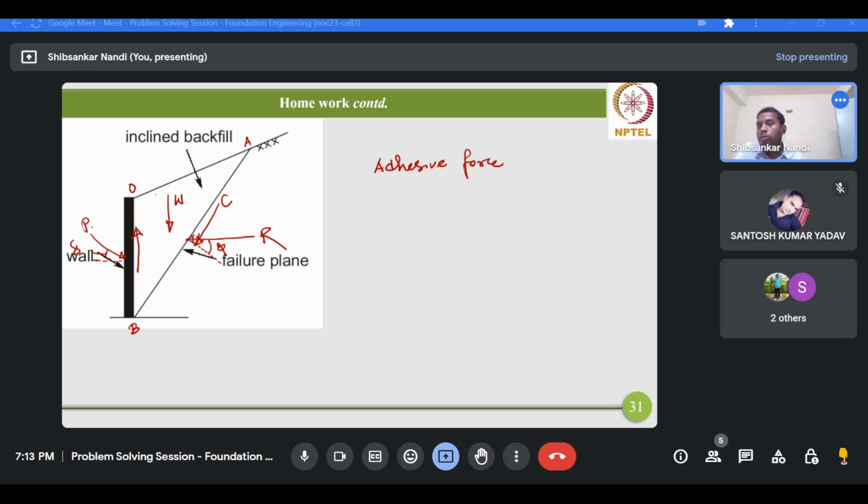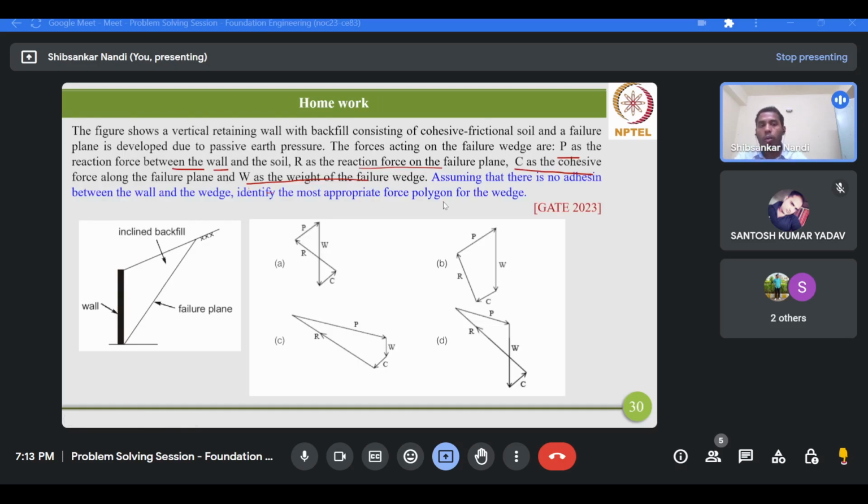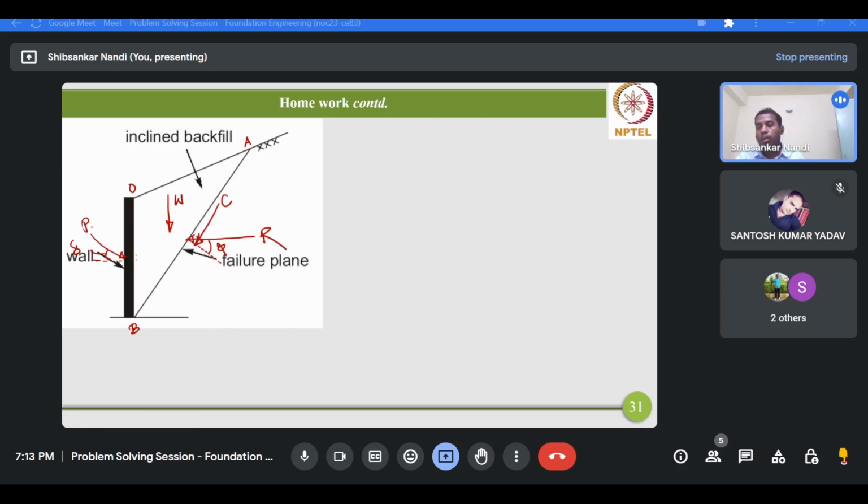But since there is no adhesion, C wall is 0. However, delta W is not 0. If delta W is 0, then this P will be simply horizontal. So there is wall friction, but there is no adhesion between the wall and the wedge. So therefore this component will not be there.